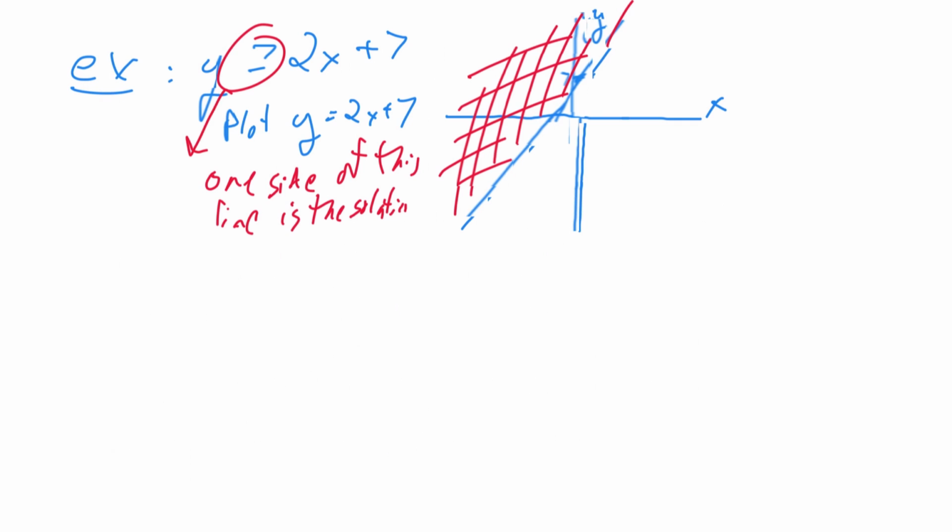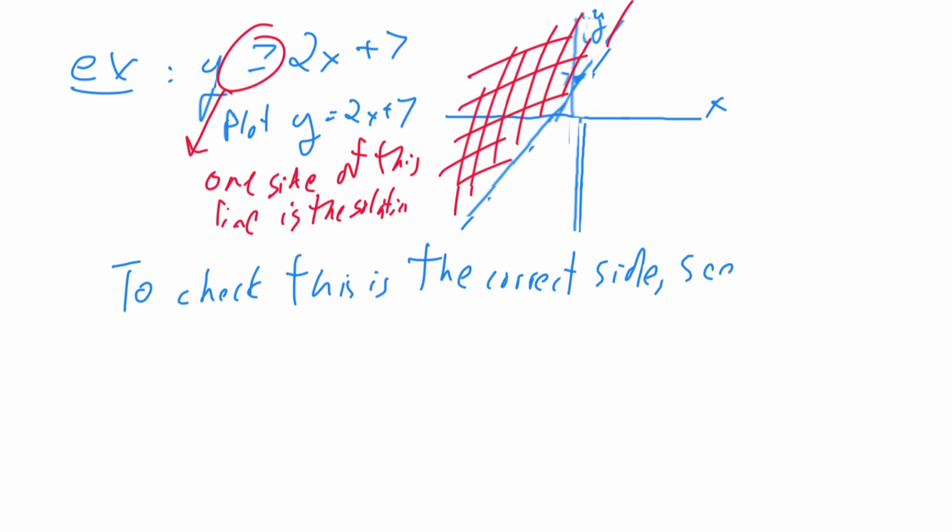So one way to check this is the correct side is to see if 0, 0 satisfies the inequality.